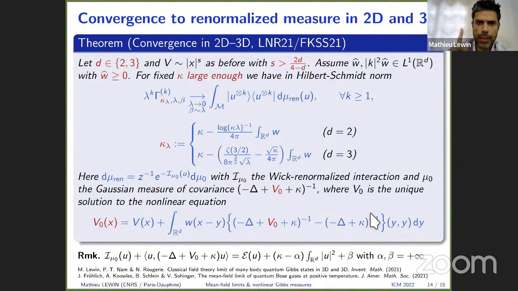But perhaps I would like to insist on the fact that in mathematics, it's often forgotten that in renormalization, you should be able to renormalize the problem by only playing with the physical parameters of your problem. You should not do something crazy. You should not just cross out the bad terms that you don't like. You have to be able to show that you can renormalize by playing with only the physical parameters of your system. And that's exactly what we are doing here with the parameter kappa.